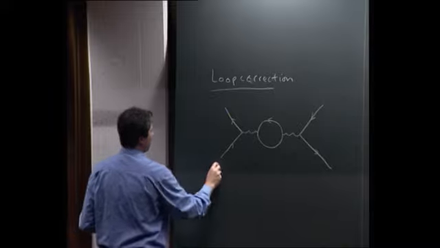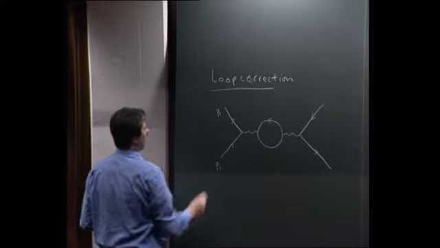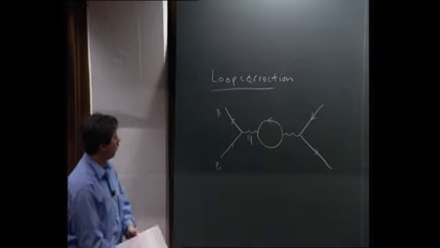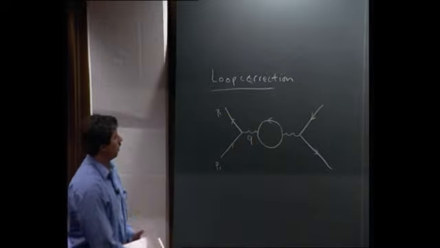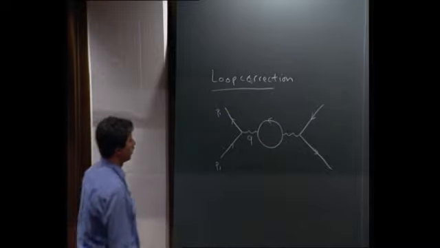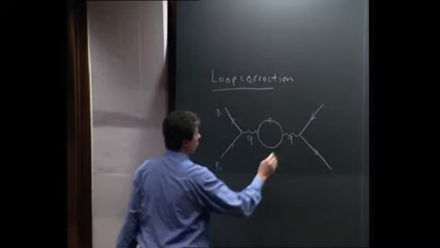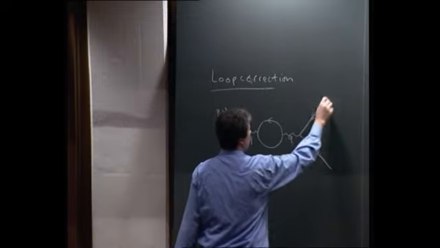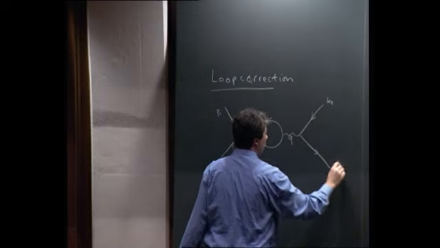And for the momenta P1, P2, I introduced a momentum variable Q, which is the sum of P1 and P2. Now you can look at the momentum conservation in this diagram. Q will be the same momentum that comes out here. And then there's this K2 and K1.